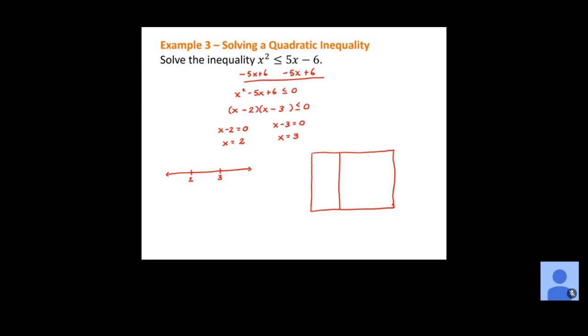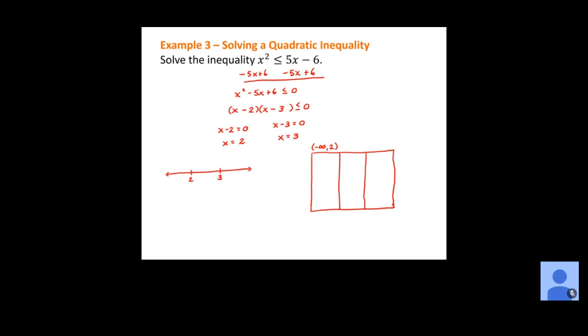I have 3 intervals that I've created here. So what would the first interval look like based off of the divisions that I've put on my number line now? I'm looking at this interval right down here. It's going to go from negative infinity to 2. So we're going to have an interval here from negative infinity to 2.